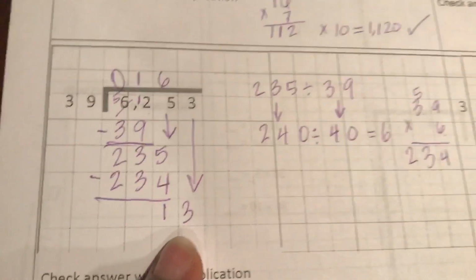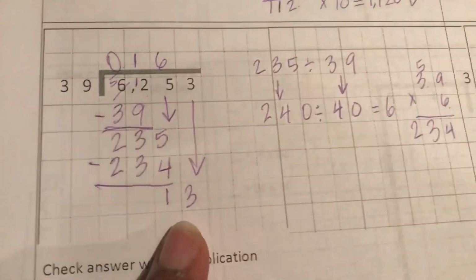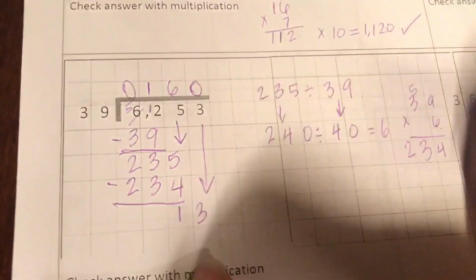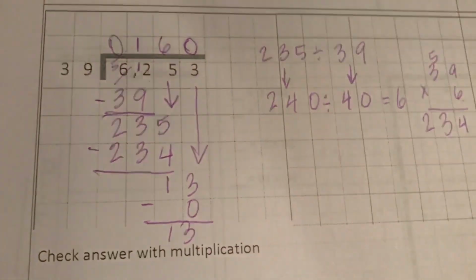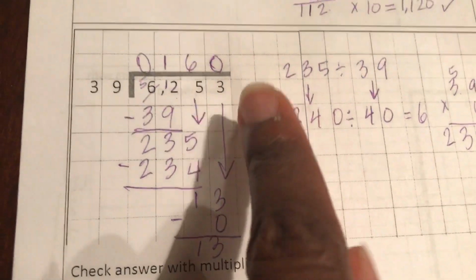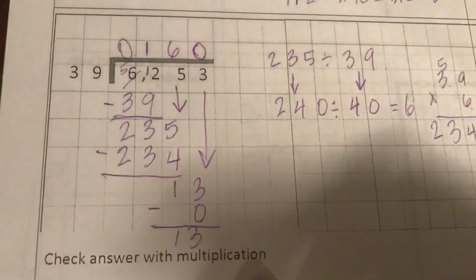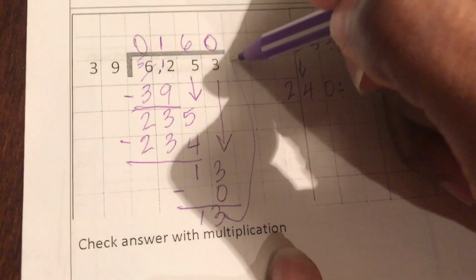You guys, 13 is smaller than 39, so it's not going in there at all. I put my 0 up top, and I'm going to subtract out 0, and I have 13 left over. Since there's nothing else to bring down, this 13 becomes my remainder.